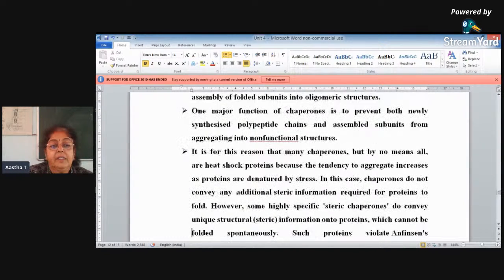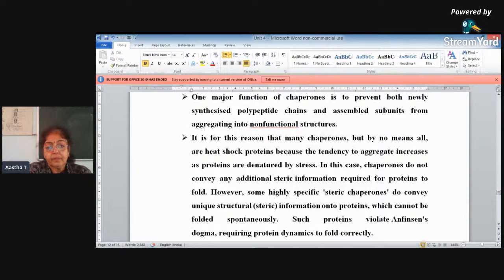So that is why chaperones cannot be called heat shock proteins, because the tendency to aggregate increases as proteins are denatured by stress.